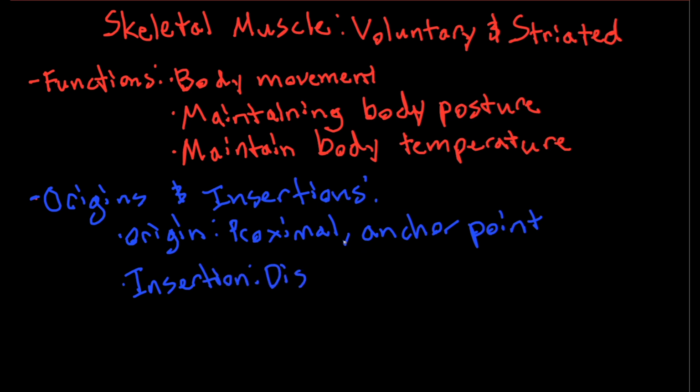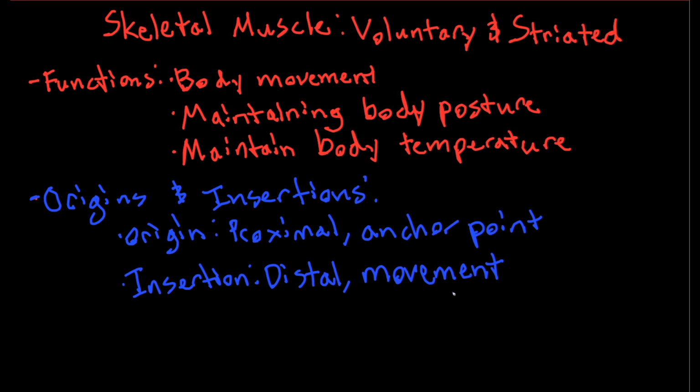And we're talking relative to the median of the body, so proximal is closer to the sternum, and distal is closer to the lateral part of the body. So the insertion is normally more distal, and is normally more involved with moving the muscle it's attached to. It's important to understand these two points. You hear it a lot when you look up muscles that say origin and insertion, and just so you are familiar with those terms, I wanted to go over them with you.